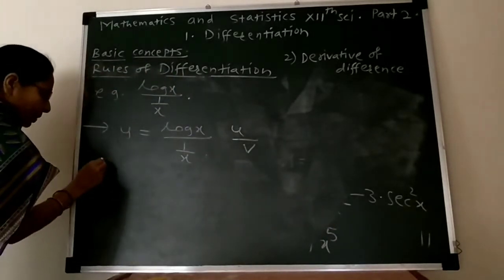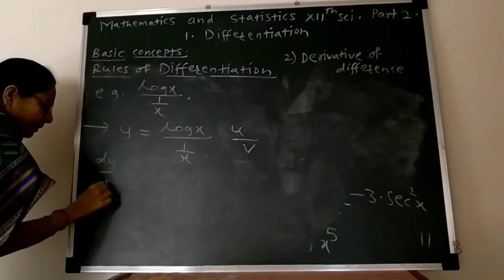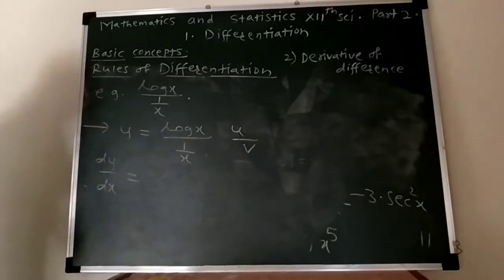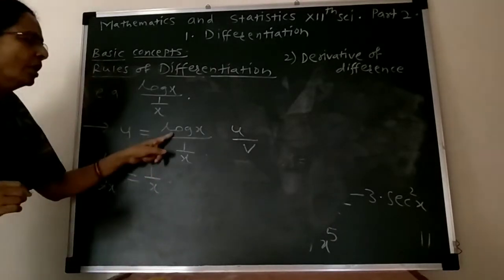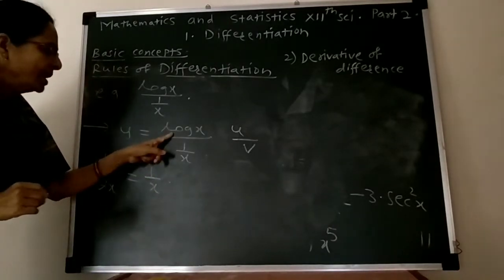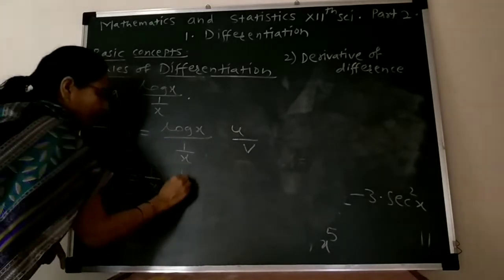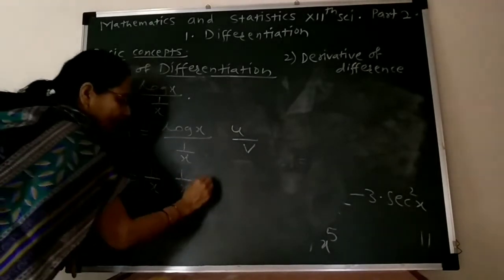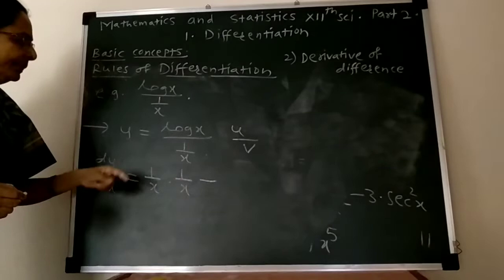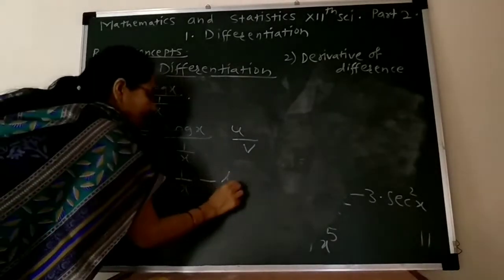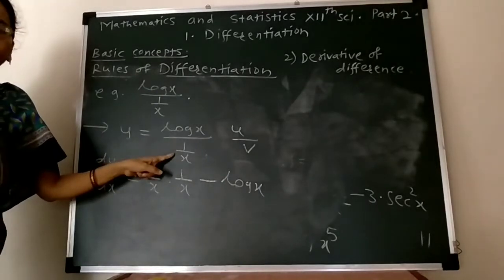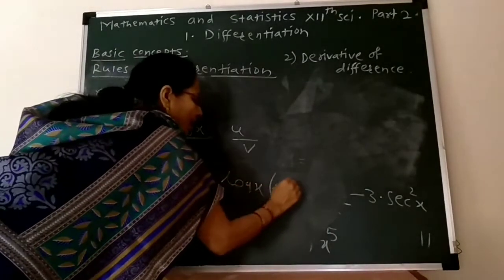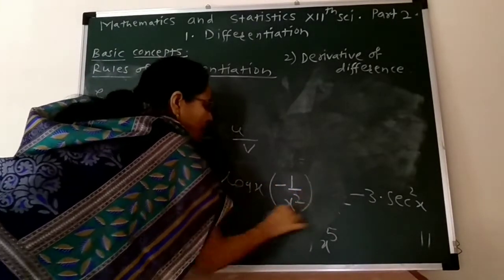So use rule, dy by dx is equal to v as it is, derivative of u, log x, derivative is 1 upon x, take minus sign, log x as it is, derivative of 1 upon x is minus 1 upon x square.